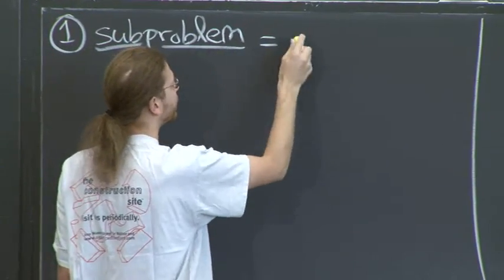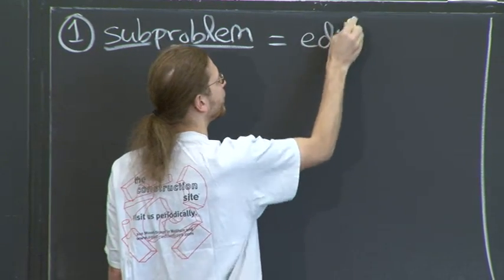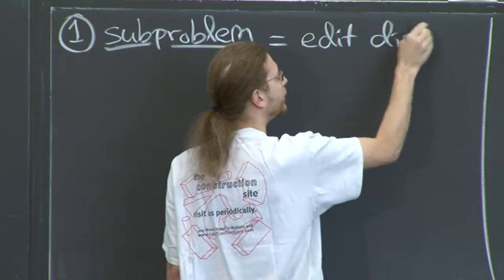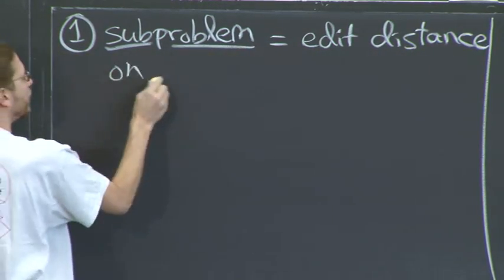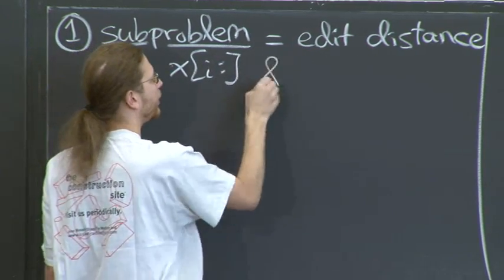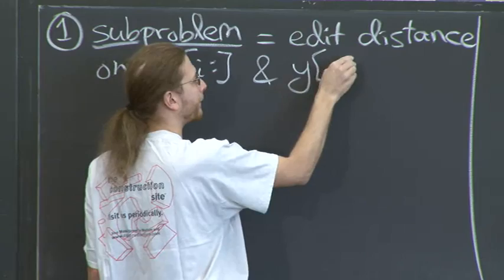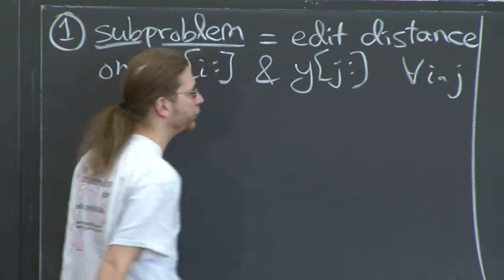So a subproblem is going to be solve edit distance problem on two different strings, a suffix of x and a possibly different suffix of y. Okay, this is for all possible i and j choices.